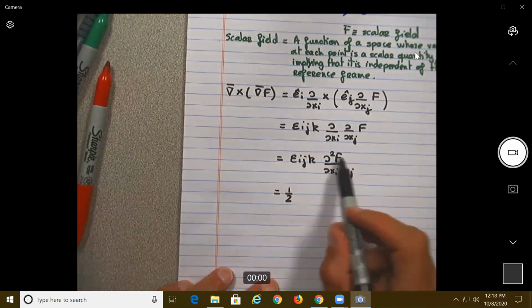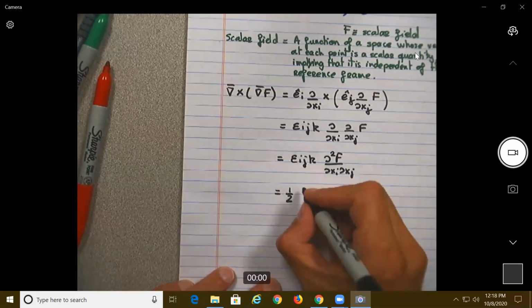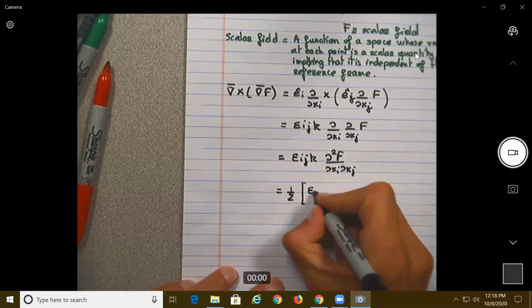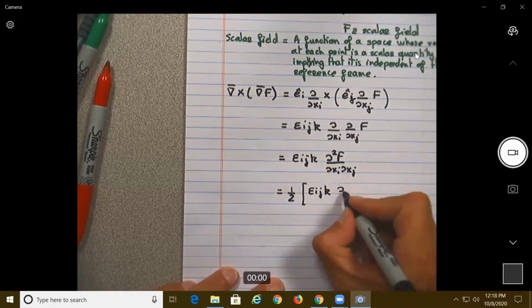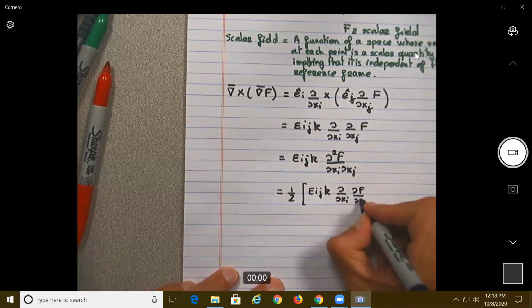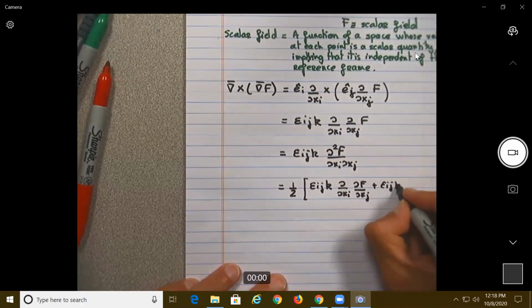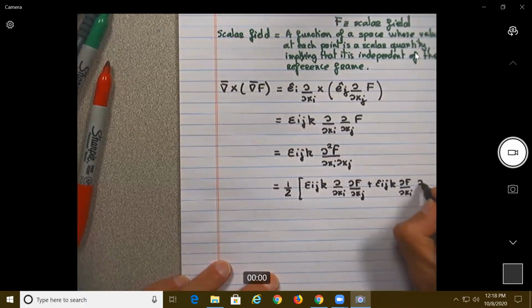So anyway, this is when the field is equal to 0. Let's break this one into two parts. It should be equal to 1/2 of epsilon ijk partial of xi partial f partial xj plus epsilon ijk partial of f partial f i partial x of j.